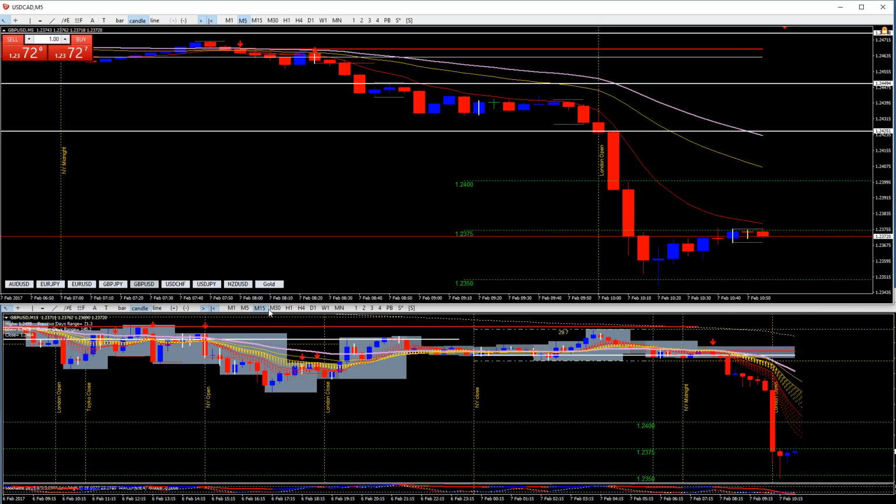Well, on the 15, what I'm looking for is the expansion of the wave itself, and I'm also looking for an inside bar alert, and then I'll go to the 5-minute and I'll trade it based on that.